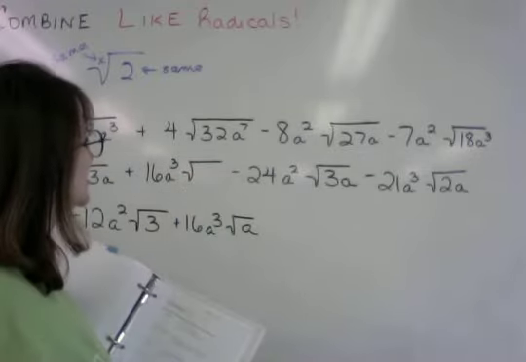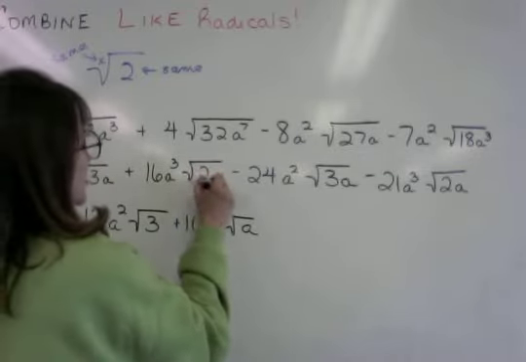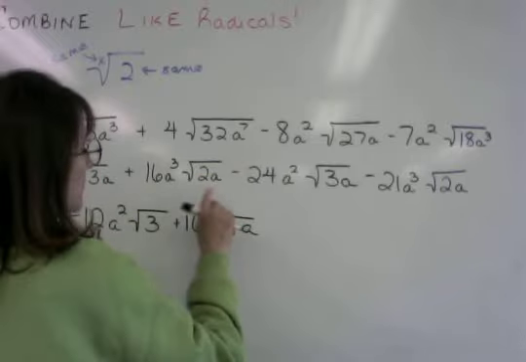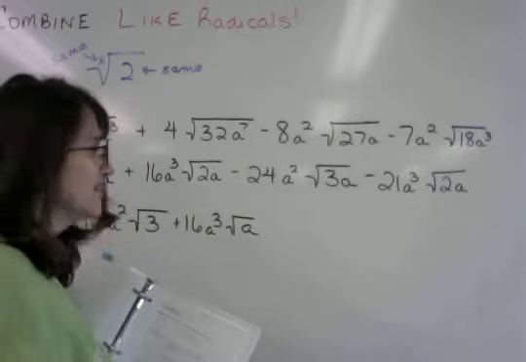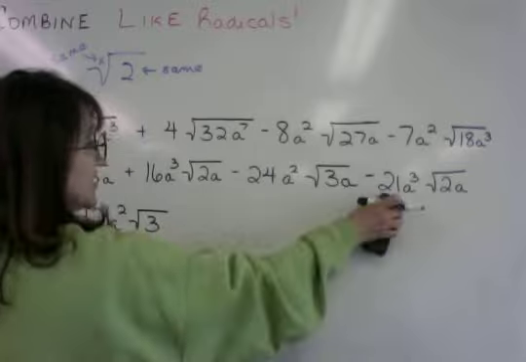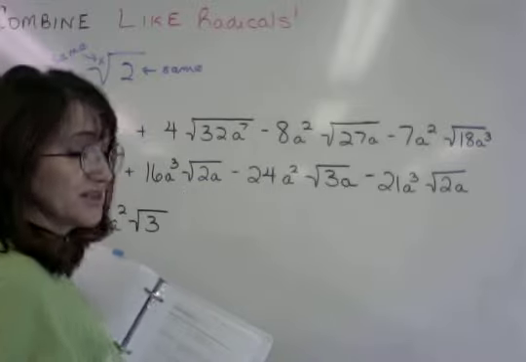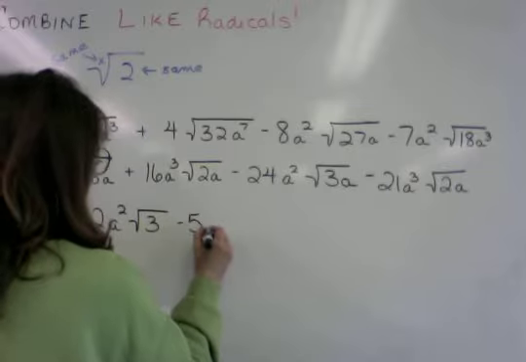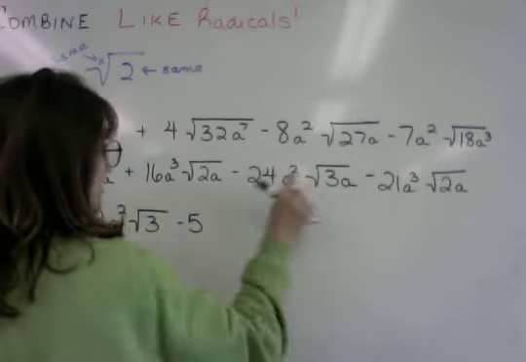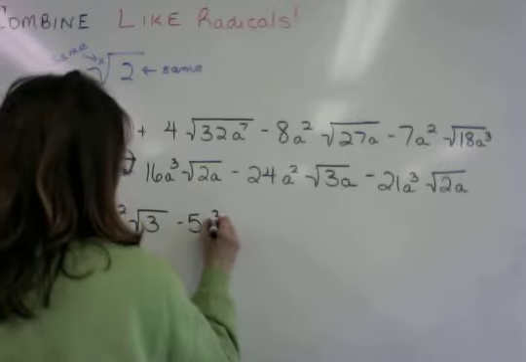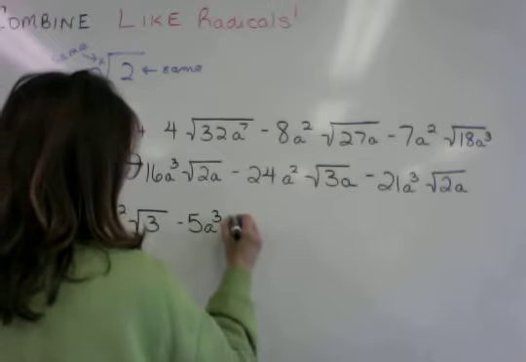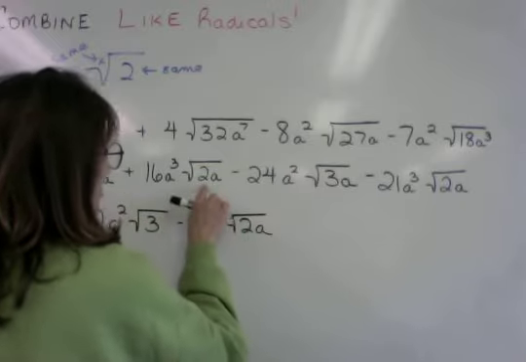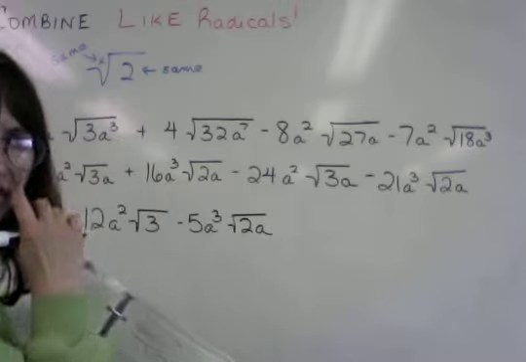That's right, because technically there was a 2 under here. These 2 can combine as well. So I have a negative 16, a negative 21 added to the positive 16. They would subtract. That would be a negative 5. They're both A cubed to the radical of 2A. Sorry guys, I just completely overlooked that.